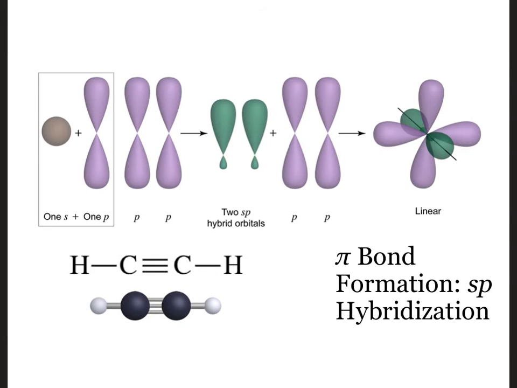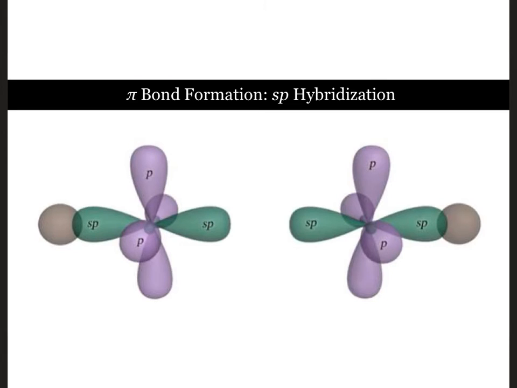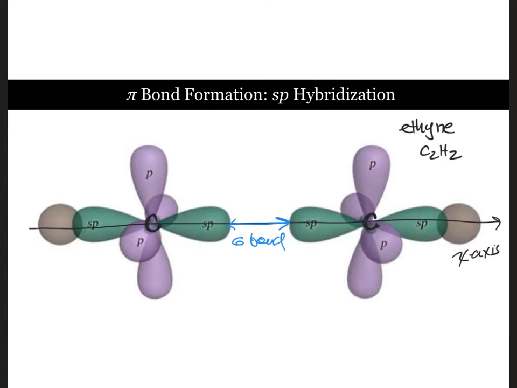In the last lecture, we also examined the sp hybridization that formed the two electron domains around each carbon in ethine, C2H2. Now let's consider how the triple bond is formed. As the two carbons in ethine approach each other, the overlap between sp hybrid orbitals forms a sigma bond along the x-axis. At the same time, the unhybridized p orbitals become close enough to overlap and form pi bonds.